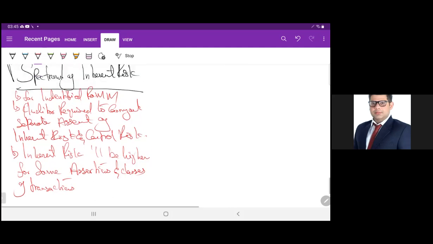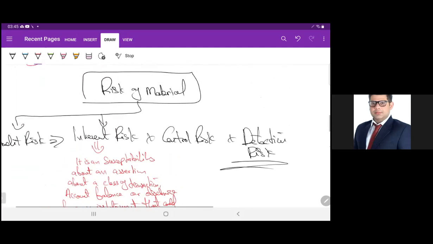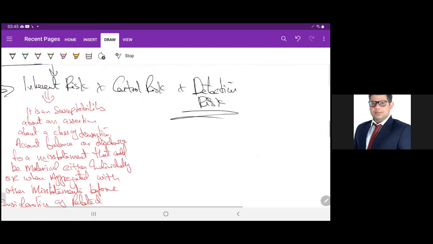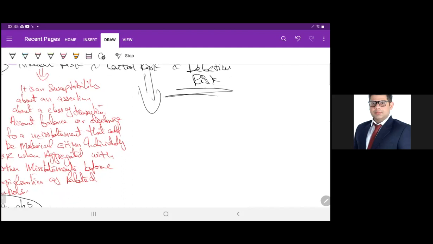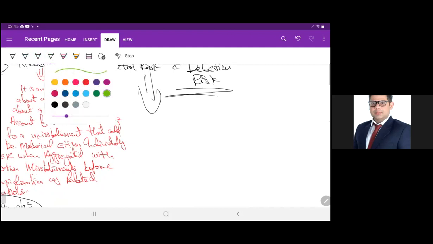Next, we will discuss control risk. Okay, so control risk now. Let us change the color a bit.